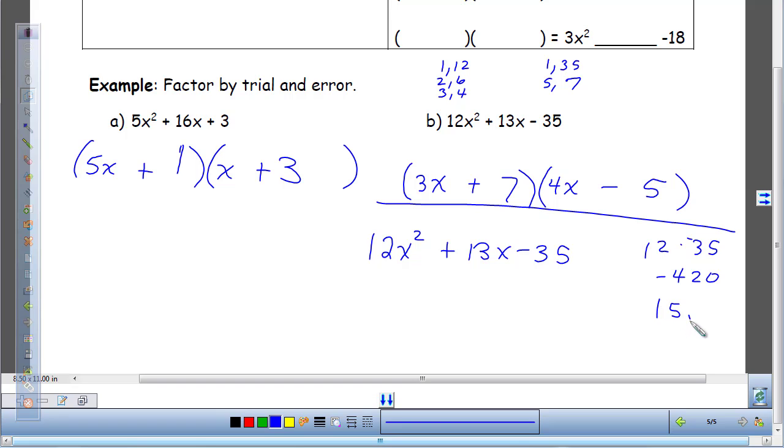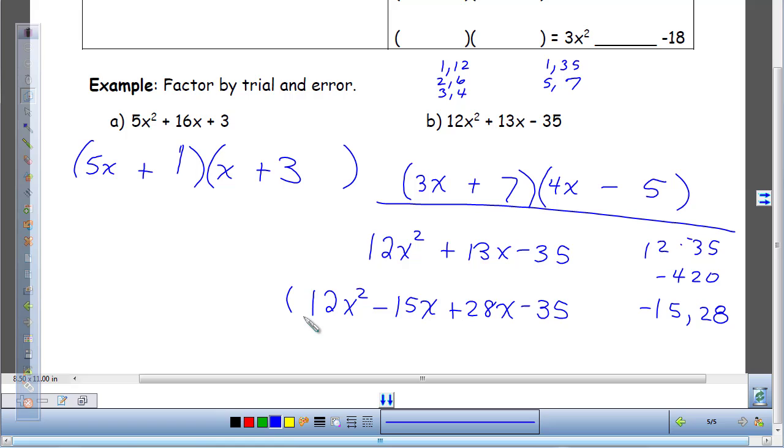Which one is negative? 15 is going to be negative. So negative 15 times 28 is negative 420, and negative 15 plus 28 is 13x. So now you say 12x squared, and it doesn't really matter which one you put first, but I usually put the negative first, minus 15x plus 28x minus 35.